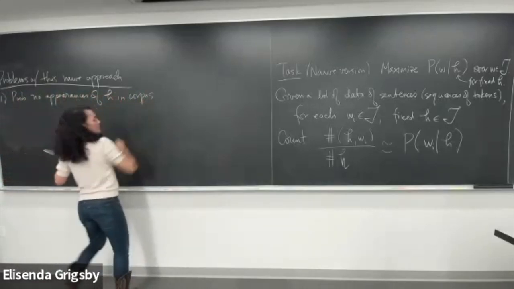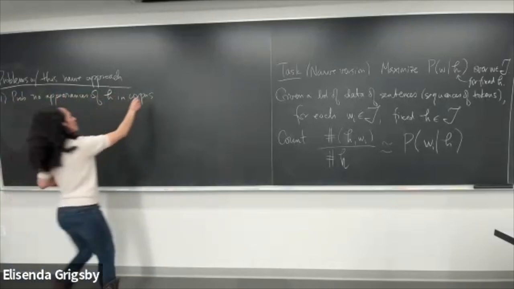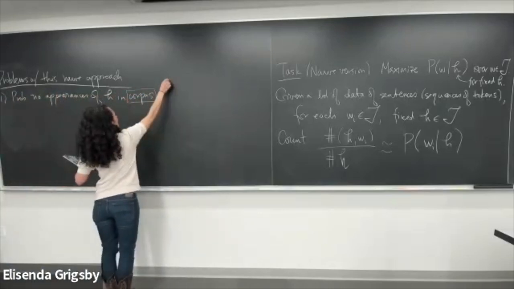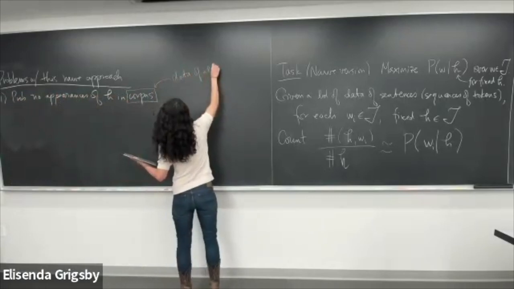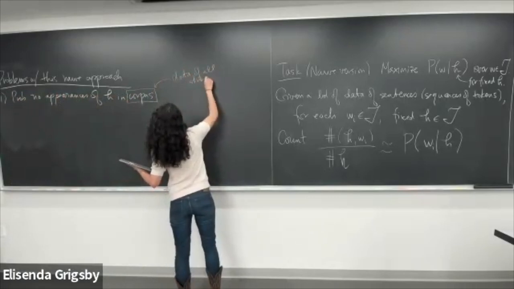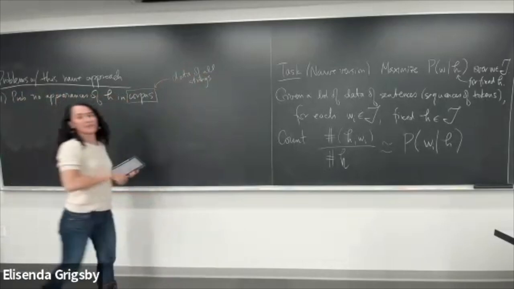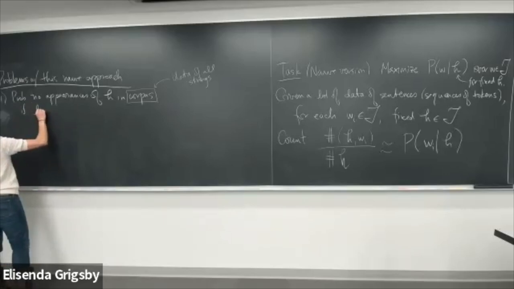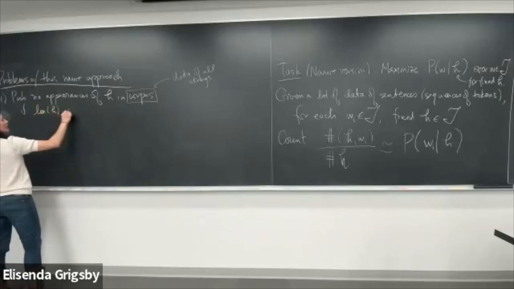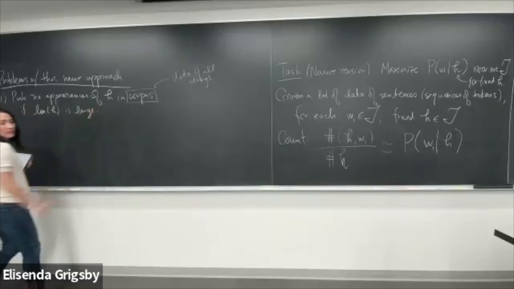So here, when I use the word corpus, I mean data of all strings that are out in the real world that are using these tokens. Probably no appearances of H in your corpus, even more so if the length of H is large, like this is.